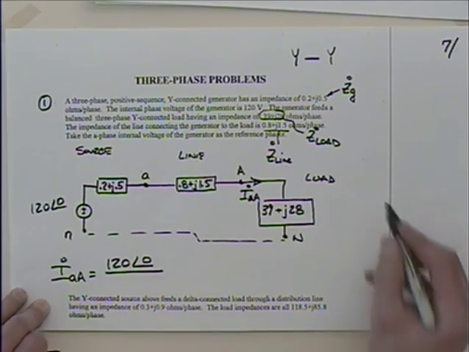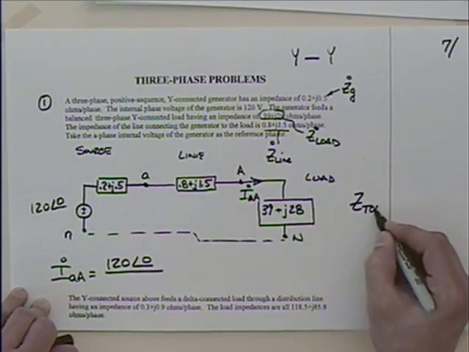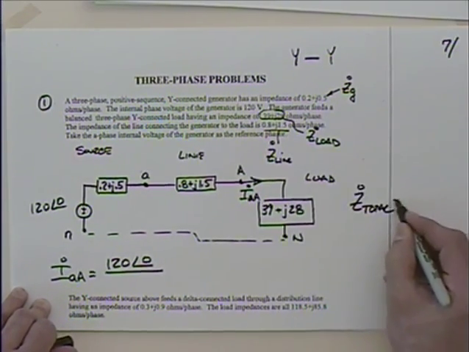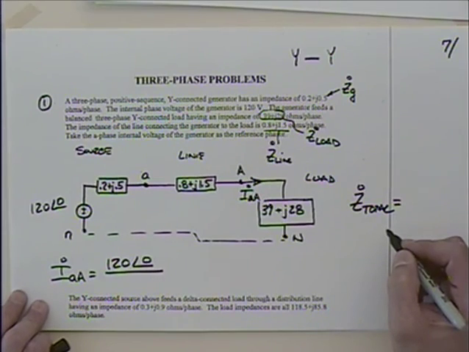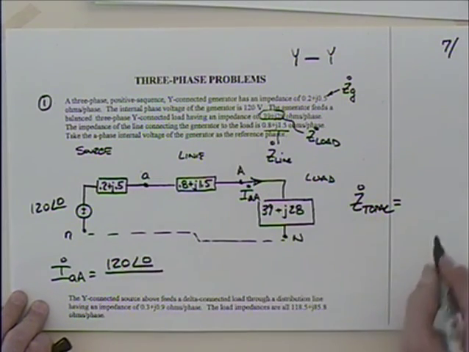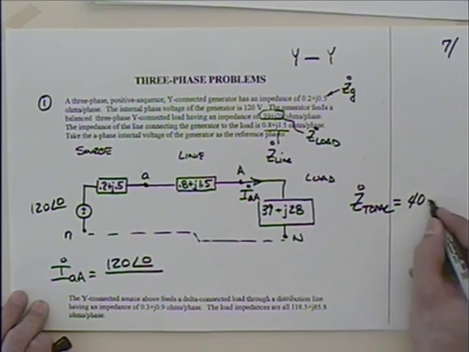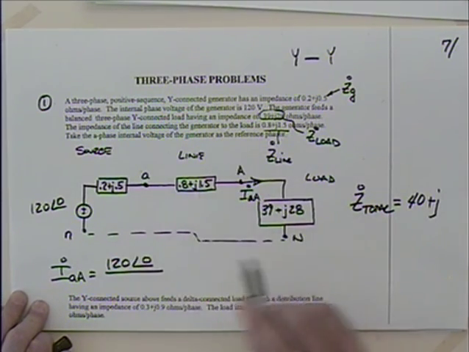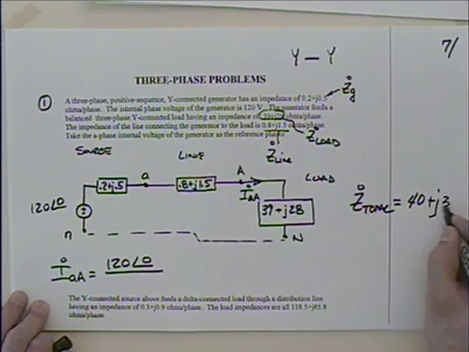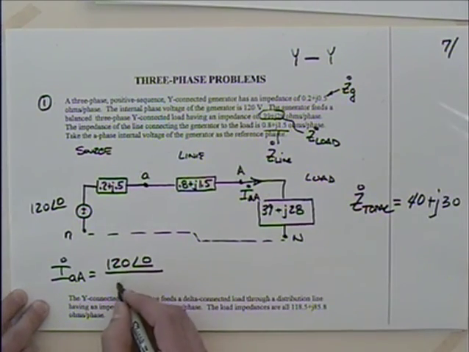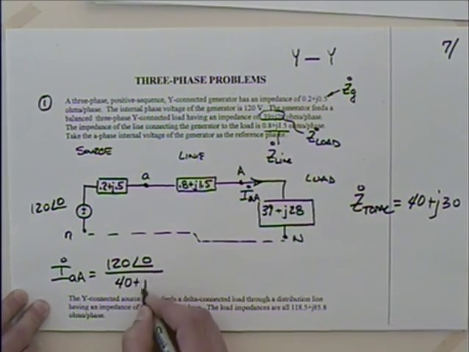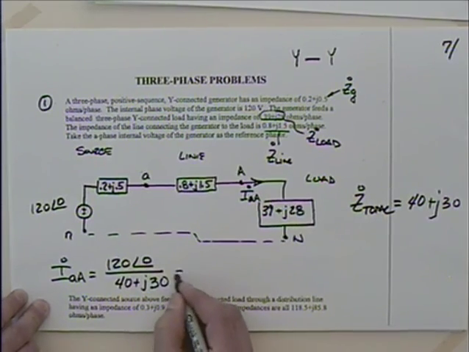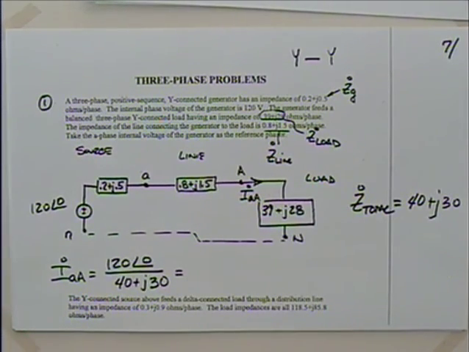What's the total impedance? Well, 0.2 and 0.8 is 1 and 39. That gives me 40 plus J. If I have 0.5 and 1.5, that gives me 2, and 28 is 30. So I'm going to have 40 plus J 30. Is that right? Anyone got an answer for that?